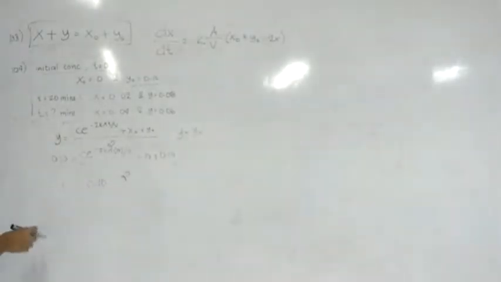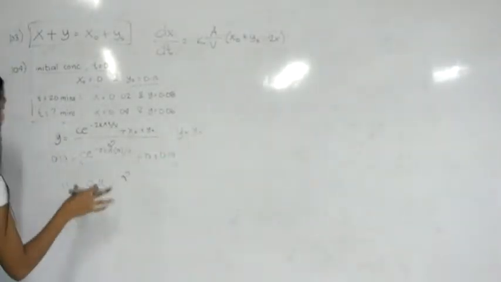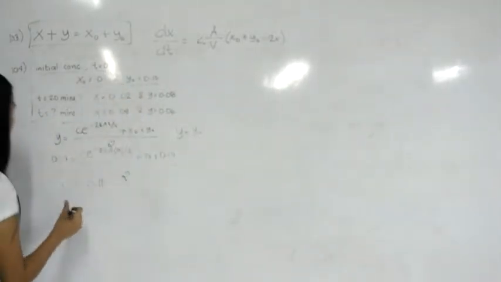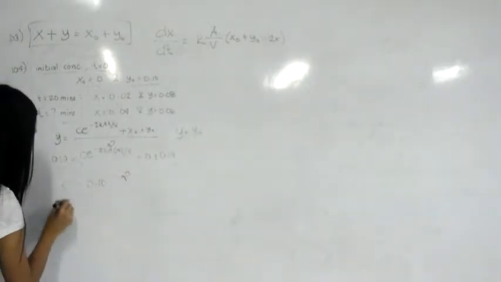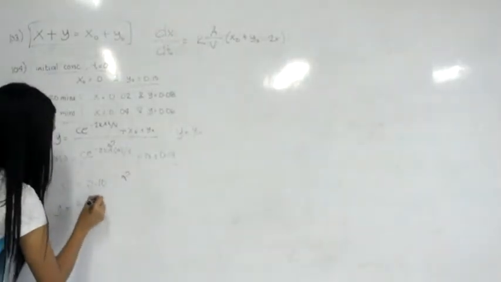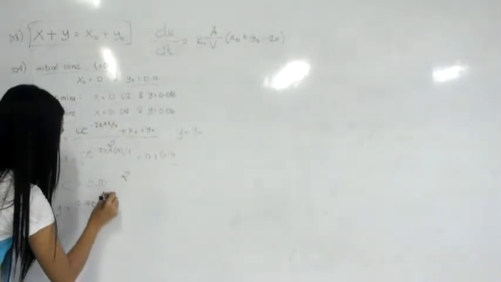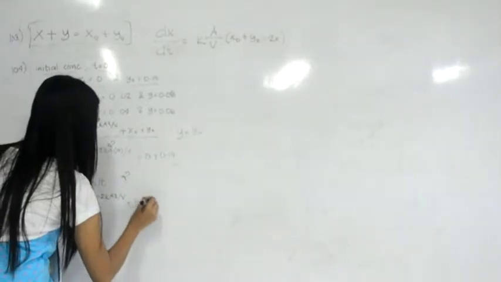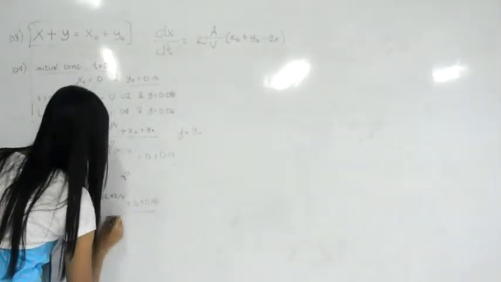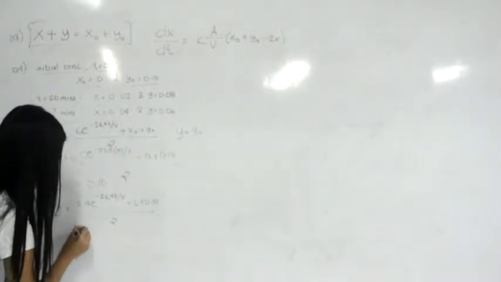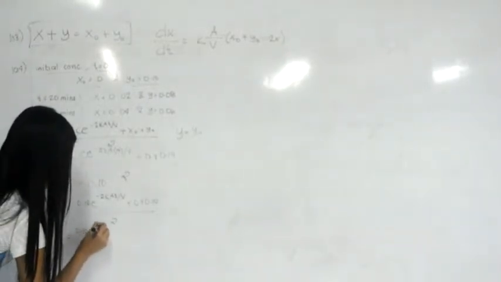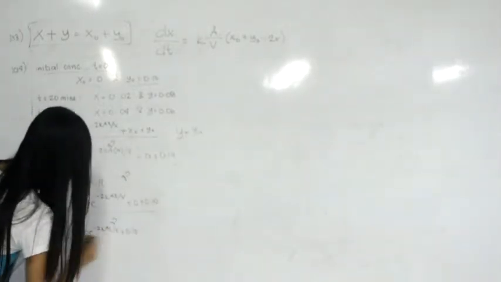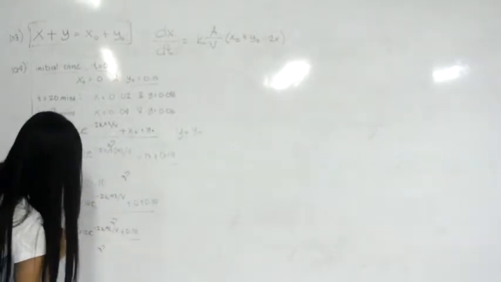We now have our c, so we can conclude that we already have our c and we also have our x sub o and y sub o. So y is just equal to 0.10 e to the negative 2k a t over v plus 0 plus 0.10 all over 2, which is just equal to 0.10 e to the negative 2k a t over v plus 0.10 all over 2.